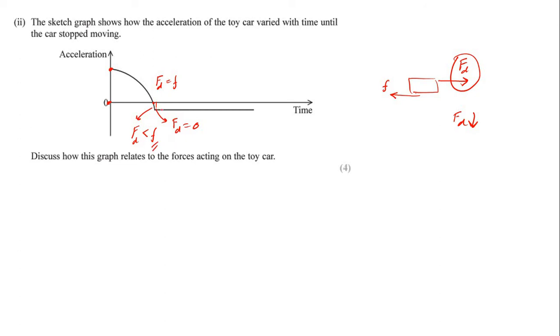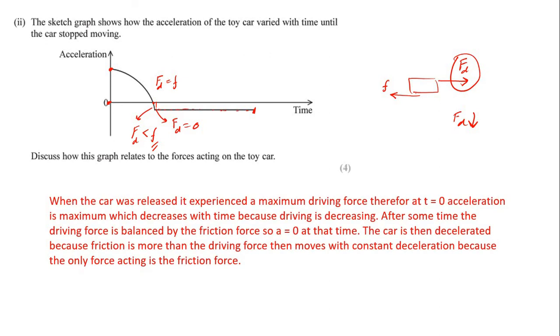So we have a constant deceleration until the car comes to rest. So that's how you include the relation of forces in your answer. This is just my explanation. You can rephrase your answer, and include the forces and the position on the graph.